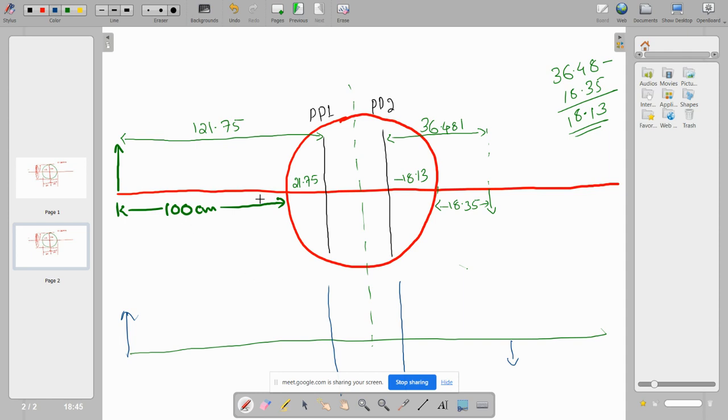So if you change the object distance, this principal plane distance is not going to change. The principal distance is the property of that particular imaging system. Based on that property of the imaging system, we are defining the principal planes.